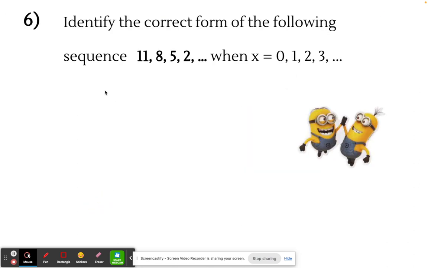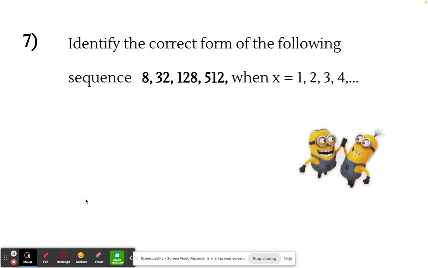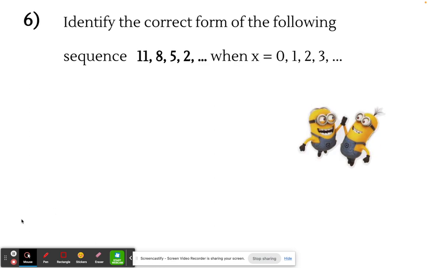So question 6, I want to write my rule for this. It says when x is 0, 1, 2, and 3. We can back it up, see what's happening.